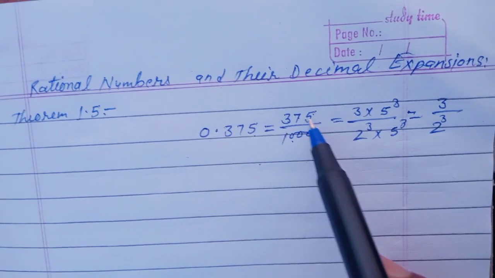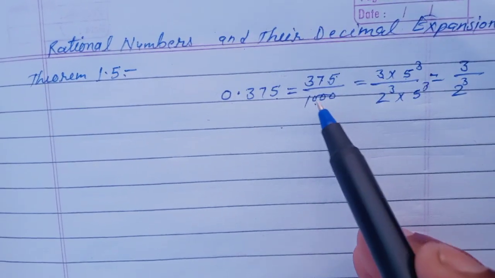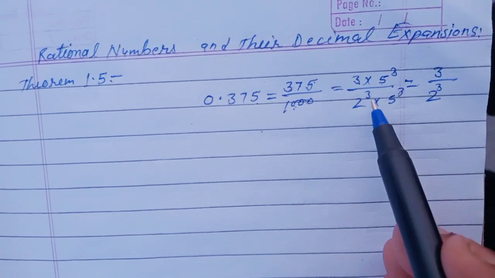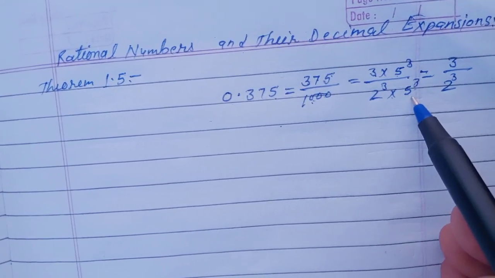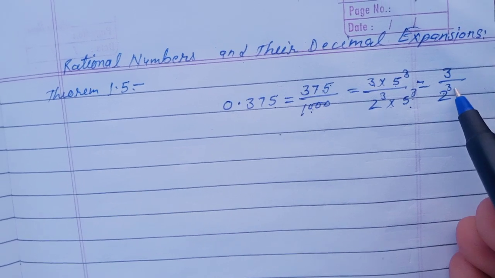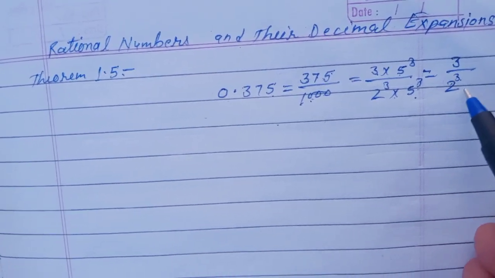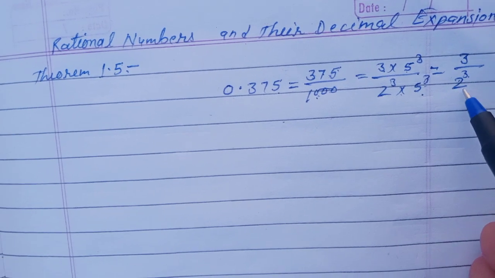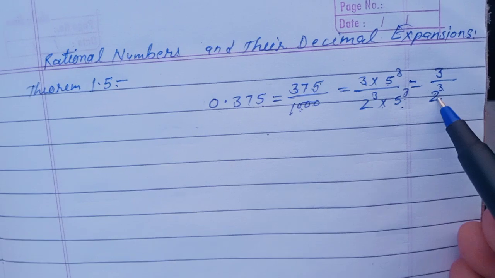Prime factorization of 375 is 3 multiply 5 cube, and prime factorization of 1000 is 2 cube multiply 5 cube. Cancel out 5 cube, left 3 upon 2 power 3. So the denominator is in the form 2 power n and 5 power m, that is 5 power 0 and 2 power 3.